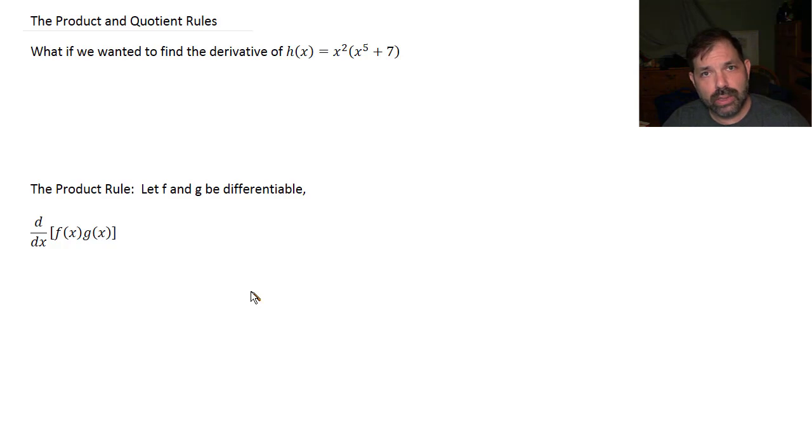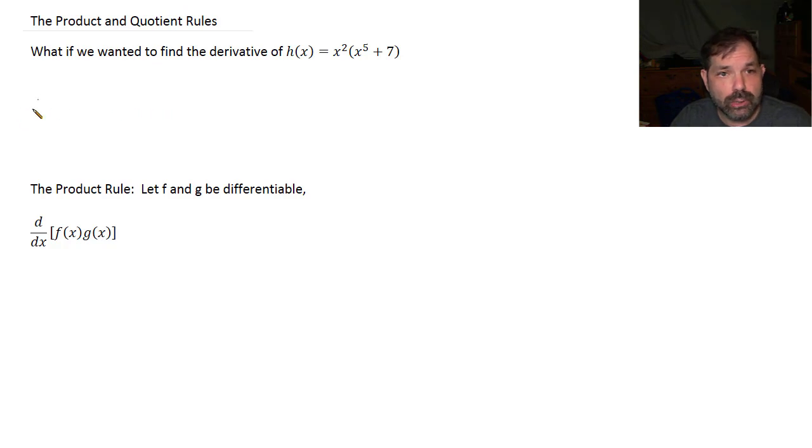So let's start by considering the example here. We want to find the derivative of h of x is x squared times x to the fifth plus 7. It might be tempting to just say, well, I know how to find the derivative of x squared, and I know how to find the derivative of x to the fifth plus 7.